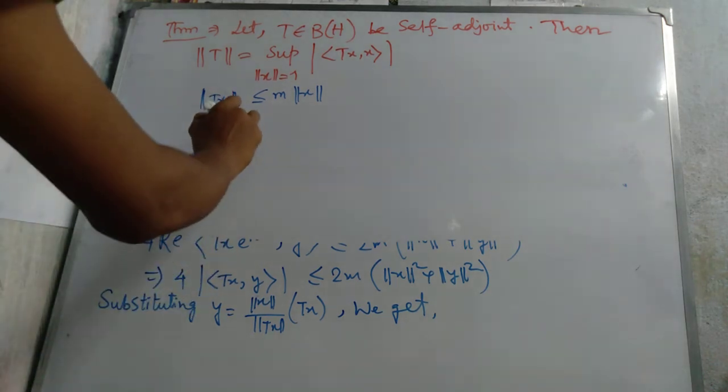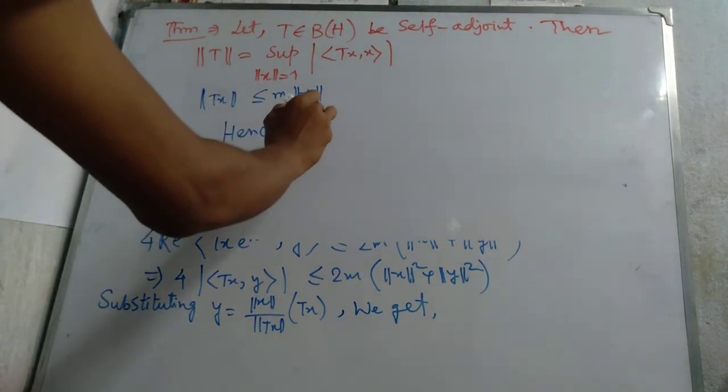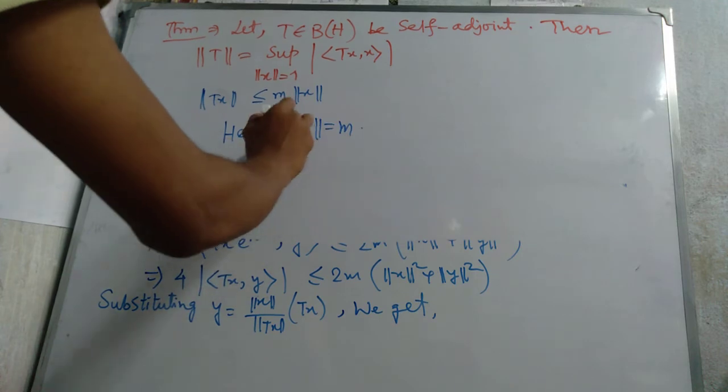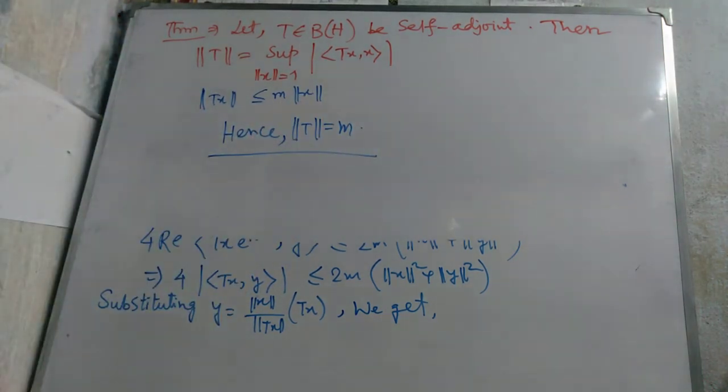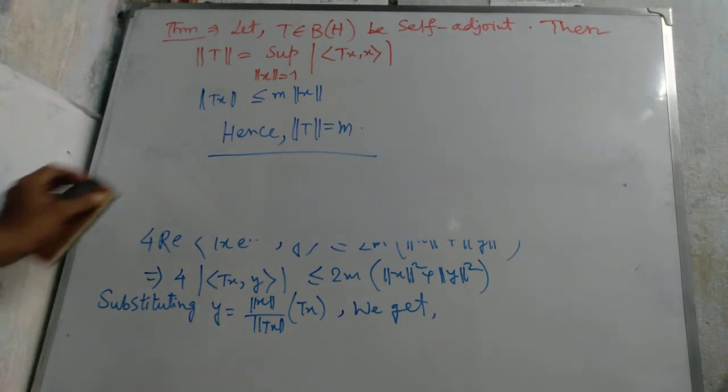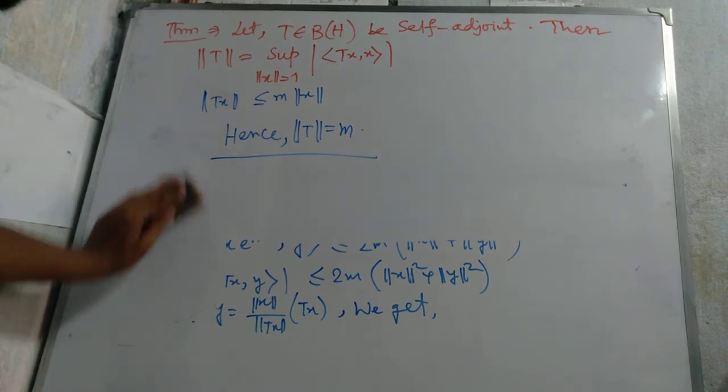Hence norm of T equals m. Okay, now we erase this portion and go to the corollary.